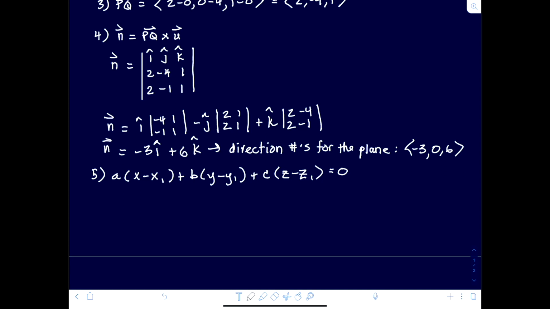If you want, we could call these a1, b1, c1, since we already used a, b, and c.